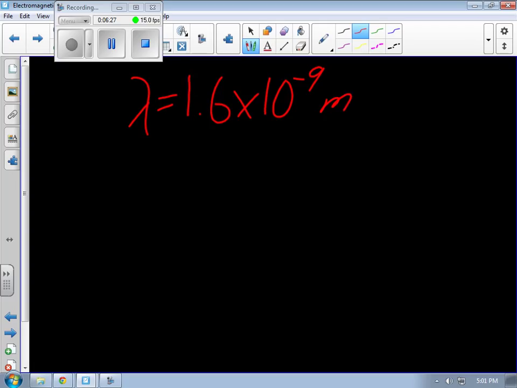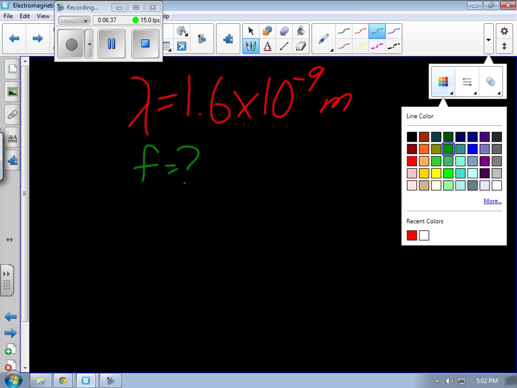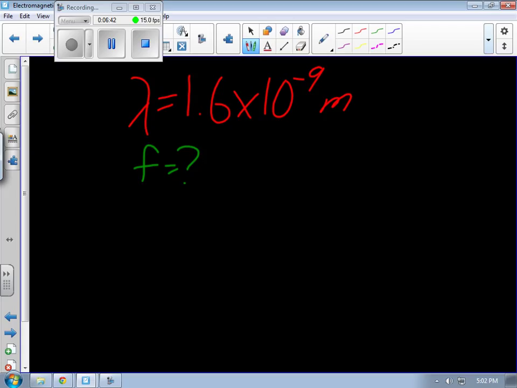And we're going to try to find the frequency of this wave. First thing we need to do is take our equation, which we said was the speed of light equals frequency times wavelength, and we need to manipulate it to find our frequency. So our frequency is equal to c, the speed of light, divided by our wavelength.